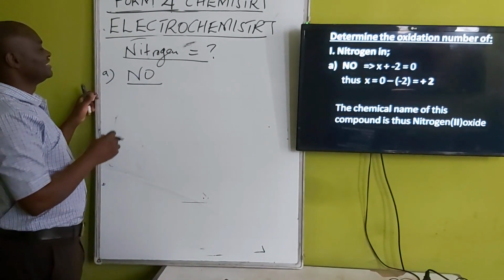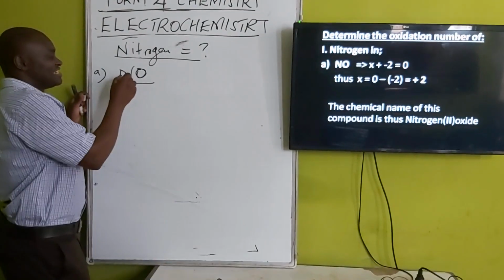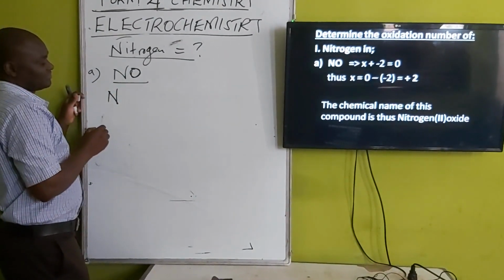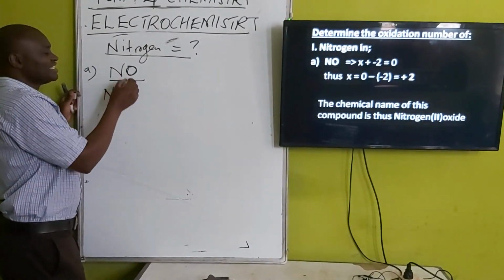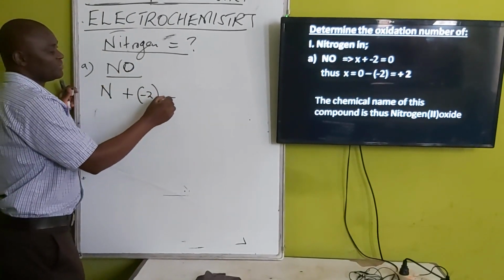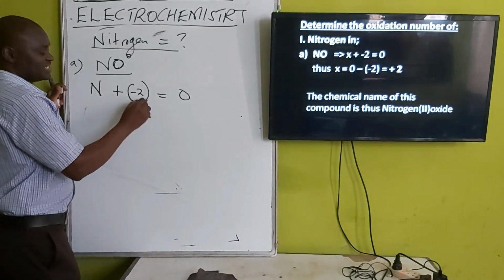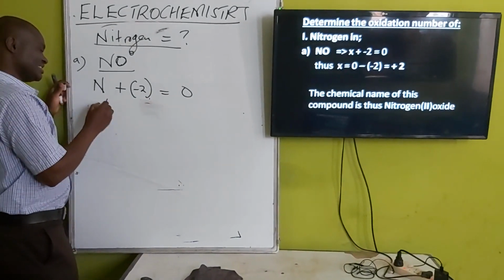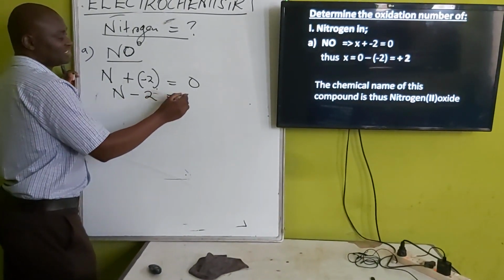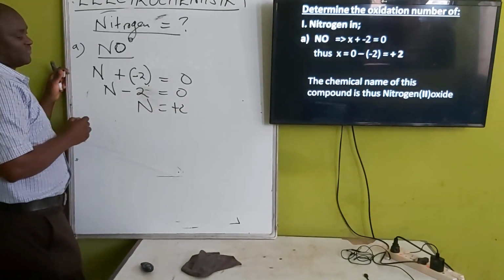Now, oxygen, we know that oxygen is -2. Nitrogen, we don't know. So if we take nitrogen plus the oxidation number of oxygen, which is -2, you get the overall charge, which is 0. So nitrogen plus a minus, which gives -2, is equal to 0. So nitrogen is equal to +2.